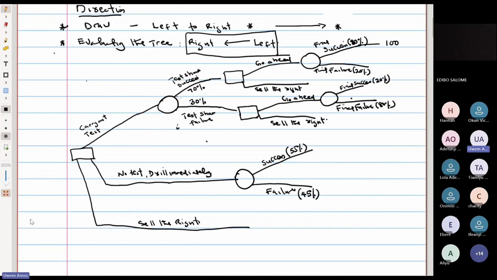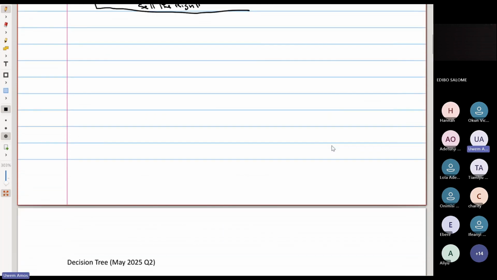We carried out a test on this line, so it cannot be on this line. We did not carry out any test on this other line. Our outcome is successful. Our NPV is 120. We just write it by the side of it. Back to our question quickly.